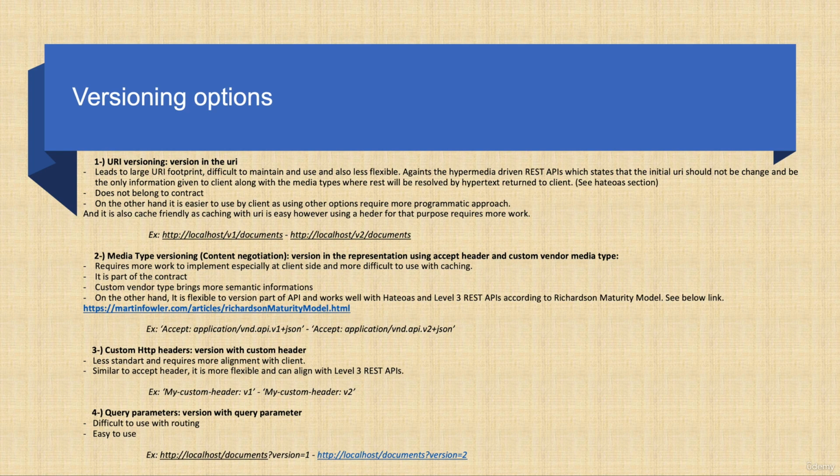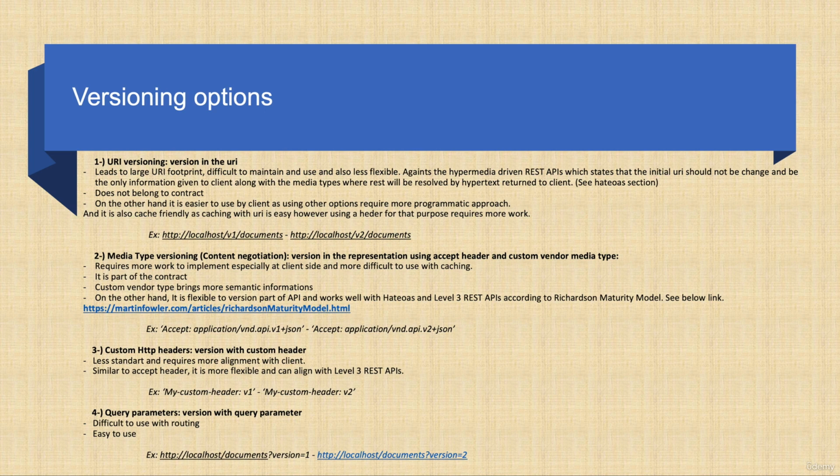An example of URI versioning would be using v1 and v2 in the URL, as you see here. The second one is media type versioning, which is also called content negotiation. It versions in the representation using the accept header or a custom vendor media type.